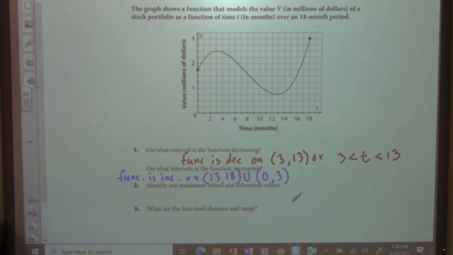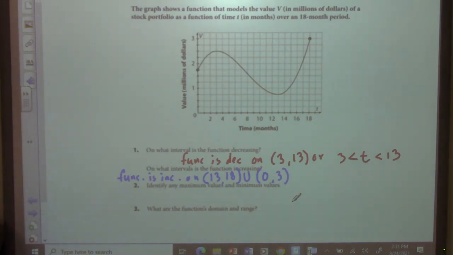Okay, problem 2 here: identify any maximum values and minimum values. If you look over there where Chelsea is, you see that little crossword thing. The what is the values. The where is the x value, so where it happens. In this case they use time. Sometimes you'll see when instead of what.